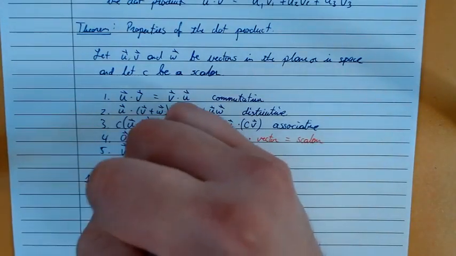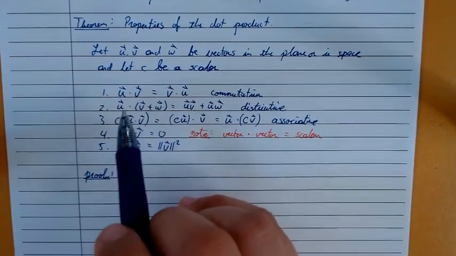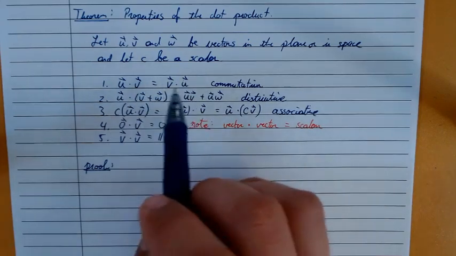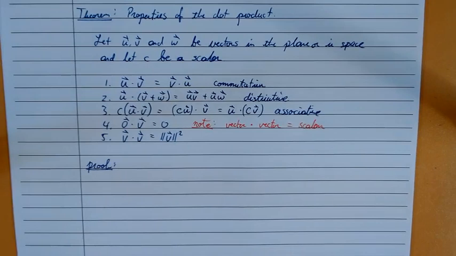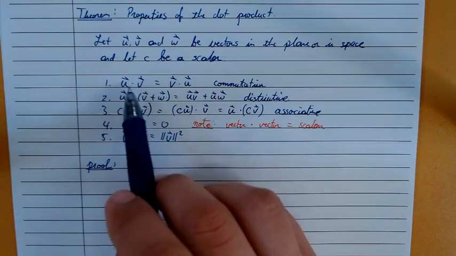The proofs of all of these are pretty much the same. When I say they're the same, what I mean is they're proven the same way. Just like when you prove things about scalar multiplication, or about addition or subtraction of vectors, the general outline of the proof is you write everything in component form. You pick one side, usually the left.